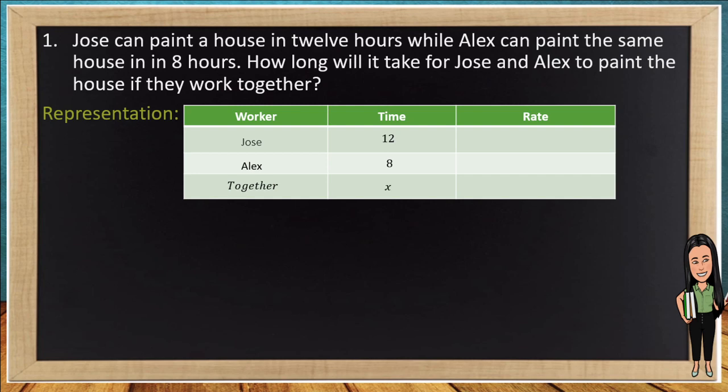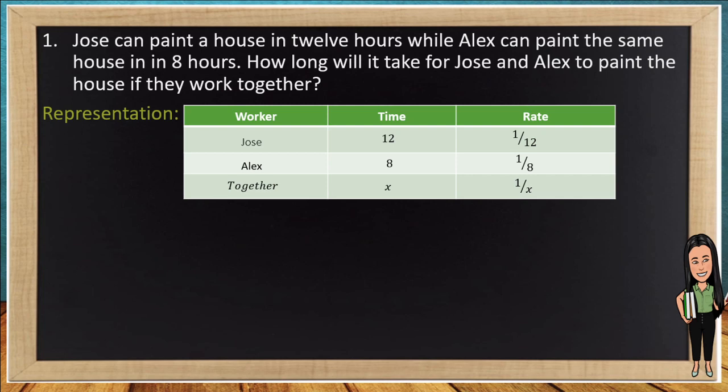Let's use x. The rate will be 1 over 12 for Jose, 1 over 8 for Alex, and yung together, 1 over x. Ano yung gagamitin natin to solve? The sum of the rates of each individual working alone is equal to the rate of the two individuals working together.